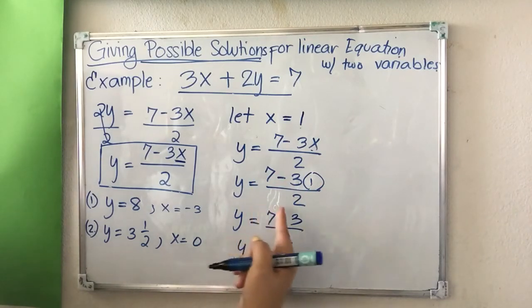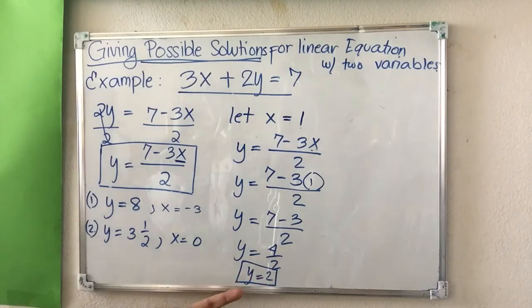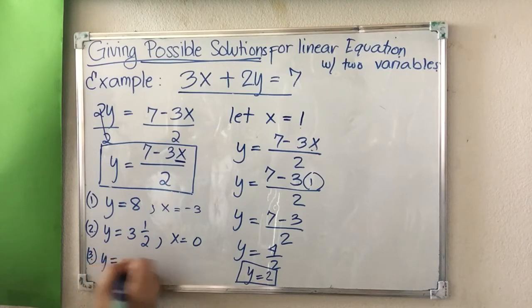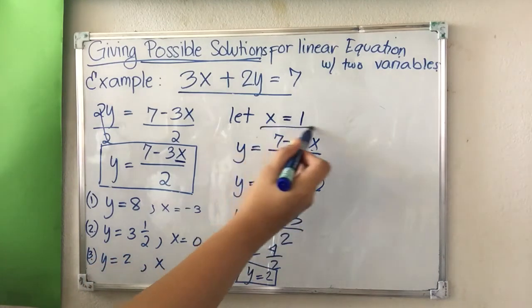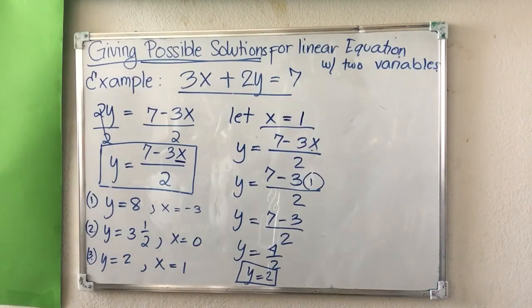Y is equal to 4 over 2, which is 2. So this is our third possible solution: y is equal to 2 when x is equal to 1.